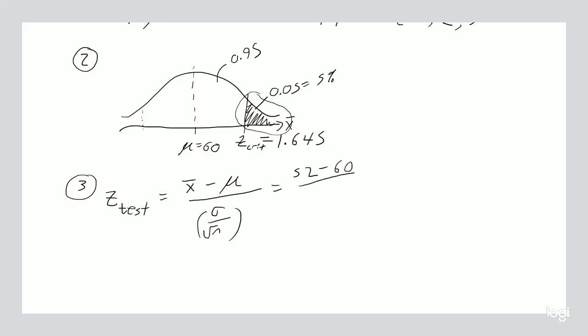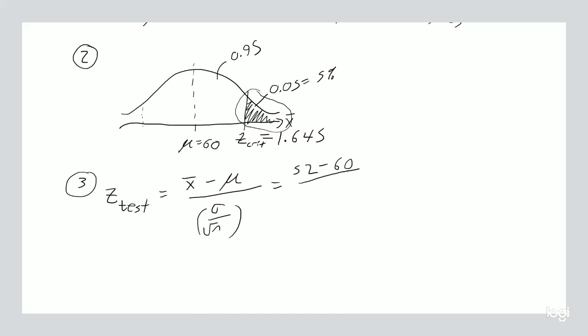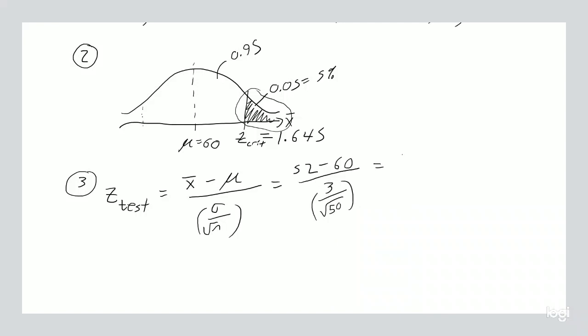And remember, we're assuming that it's equal to 60 or less. 3 divided by root of 50 is 0.42, sticking to 2 decimal places.